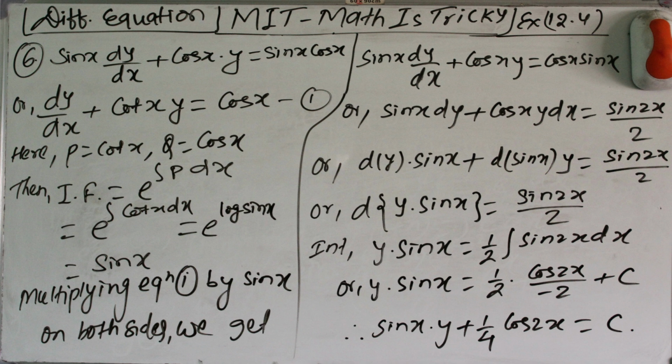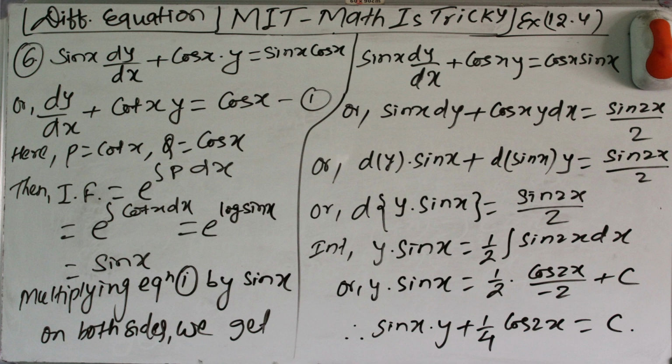Now simply integrating on both sides, we get y into sin x equals 1 by 2 integration sin 2x dx. So we can write y into sin x equals 1 by 2, and the integration of sin 2x is minus cos 2x by 2, plus c.